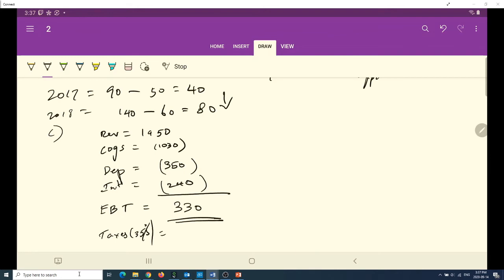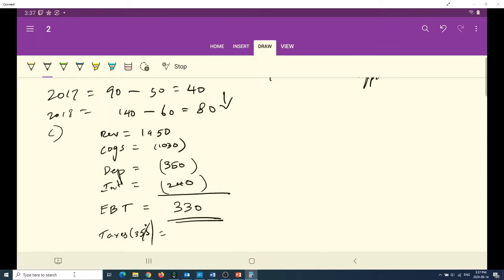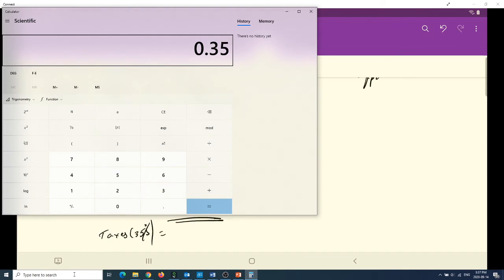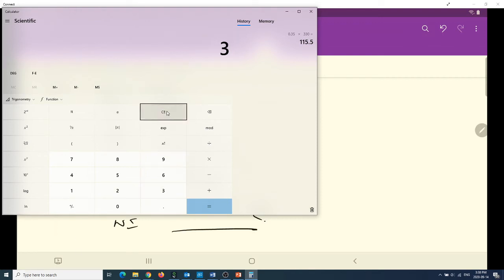That would be $115.5, and your final net income is going to be the remaining. It's 1114.5.